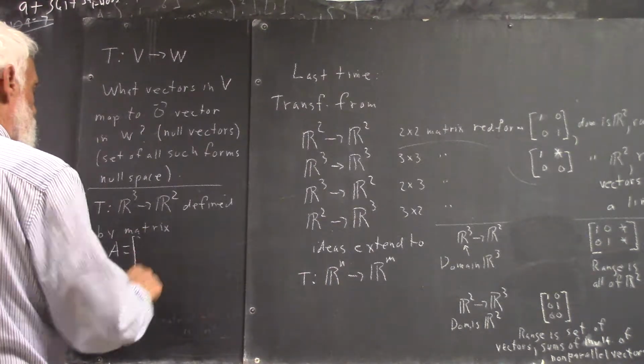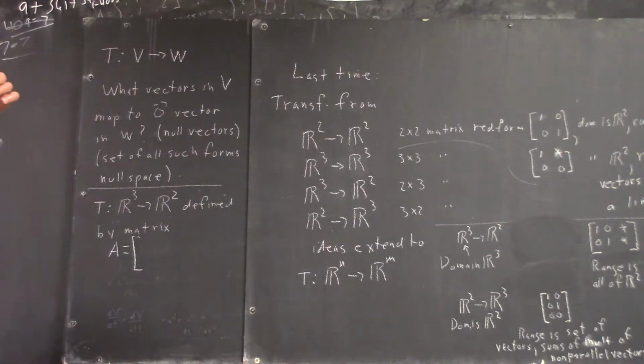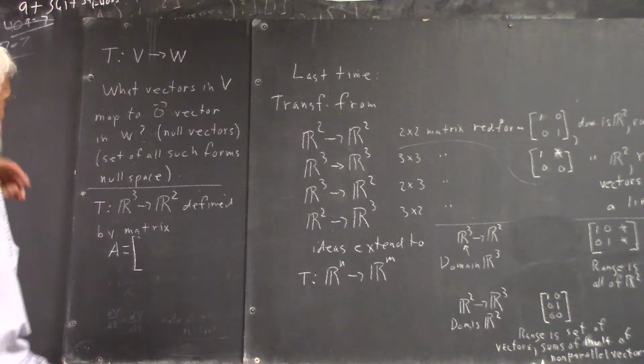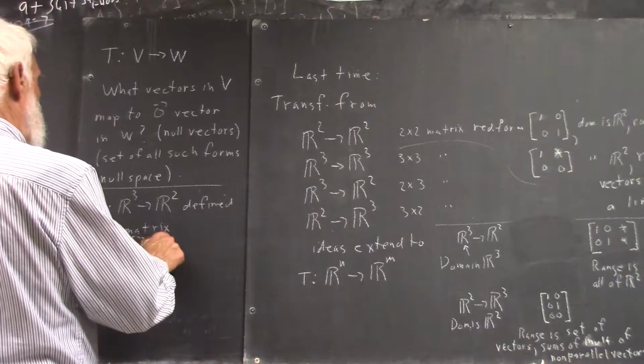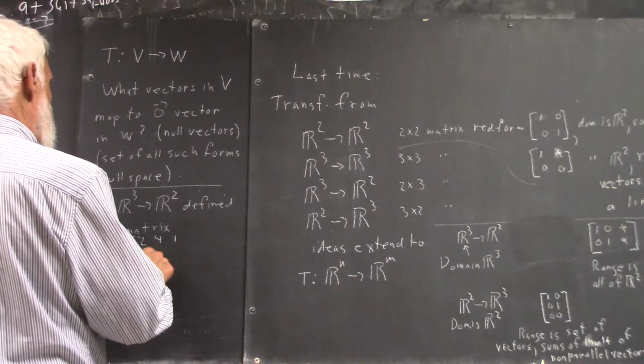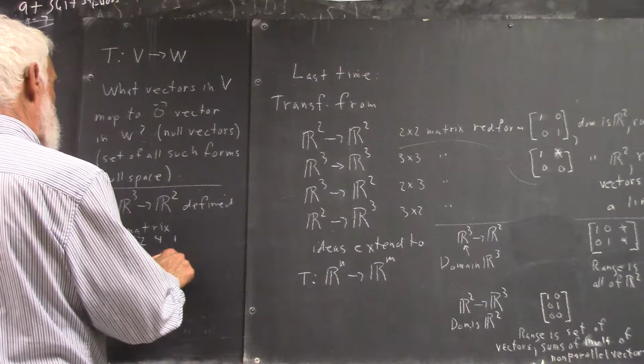Now I'm going to lay notation on you. Actually, I'm going to do it just for an actual matrix. So let's say the matrix is 2, 4, 1, 1, -3, 2.